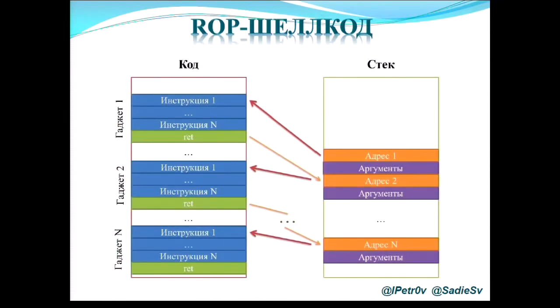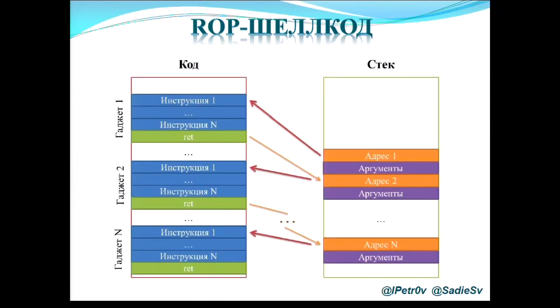A more complex process of building such programs without using the return of existing functions is a ROP shellcode. So what is the idea? We have a certain set of gadgets. Gadgets are a very limited set of instructions before the ret instruction in system libraries.